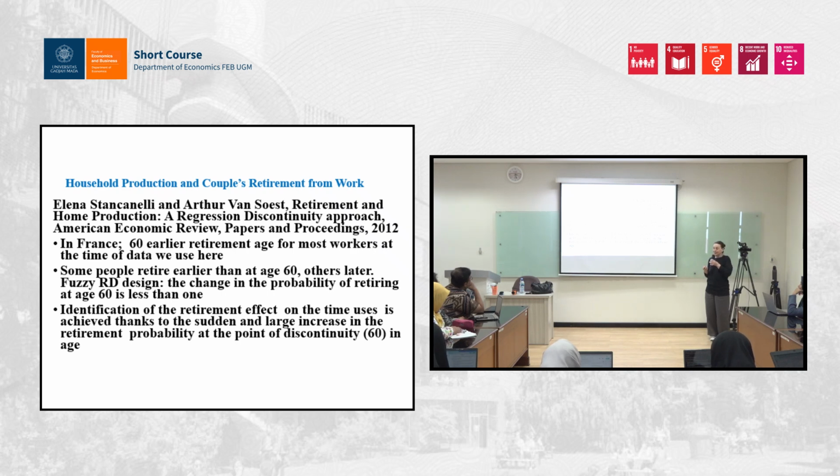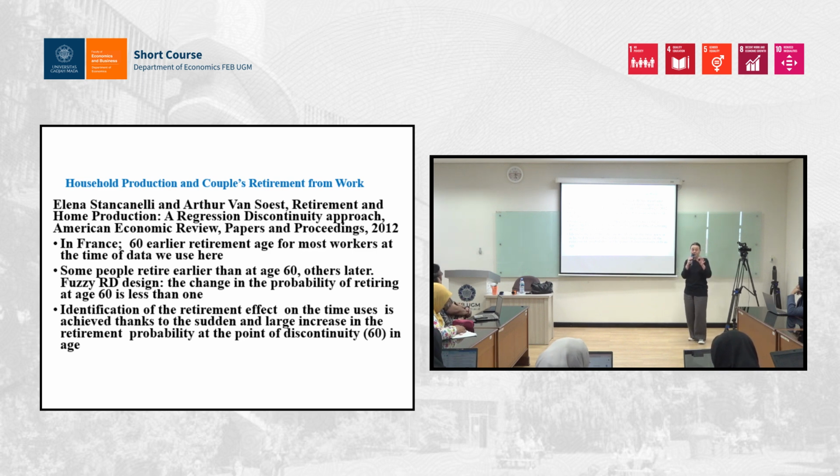I promised identification at the beginning of the lecture, but I will leave this for the next lecture because it is a complicated concept. What we are going to do is explain retirement. We are going to instrument retirement with age, because in France at that time, if you were 65, you were obliged to retire from work.